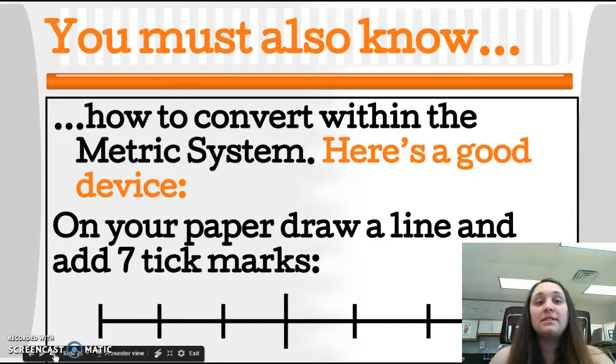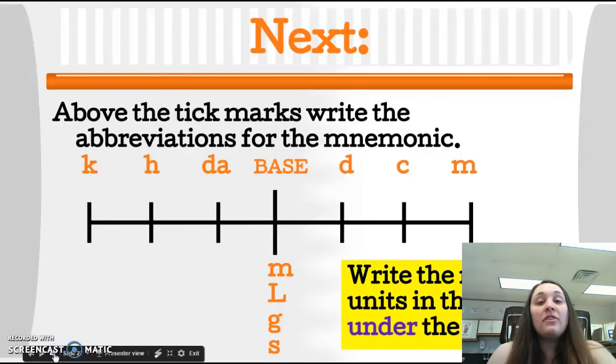So here's a good device. It says on your paper to draw a line and add 7 tick marks. I've already made that for you, so it's already there. So just follow along from that. So this should also already be there, but here we have a K for kilo, an H for hecto, a DA for deca. This is the base unit.